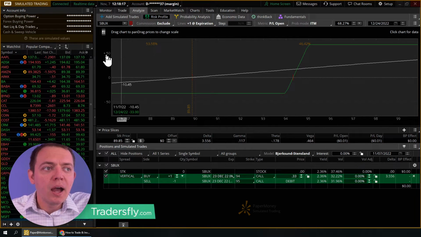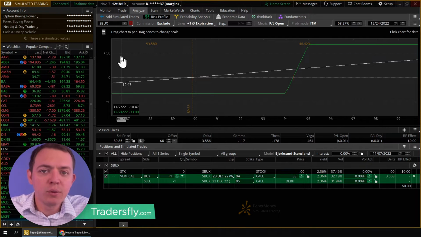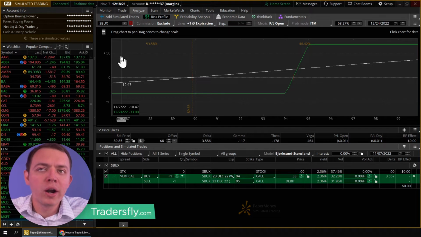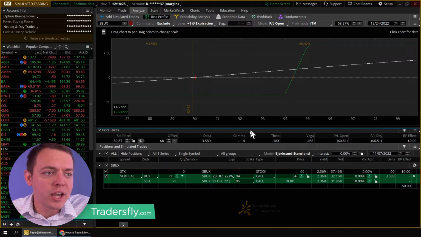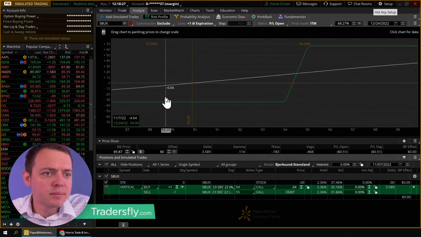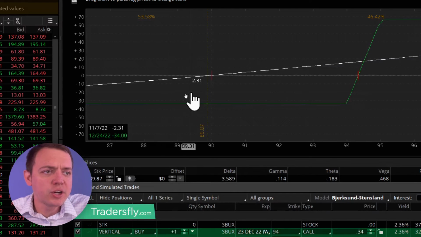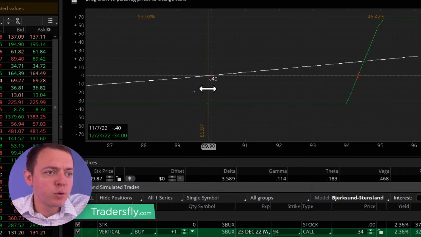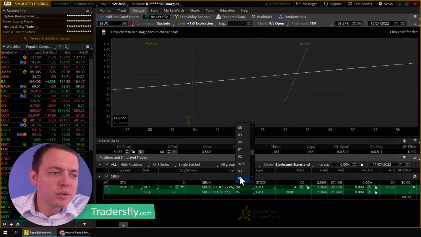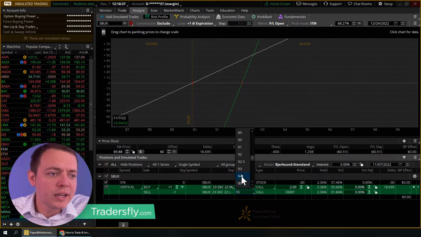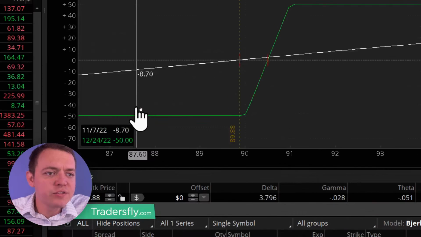What most people think is that when I deal with options, I have to risk a lot more, trade heavier, and need a large account. But with vertical spreads, you could see I'm risking just $34 on this trade, though granted, I do need it to move a little bit. If I go a little closer to about the 90, 91, I could risk just $50.